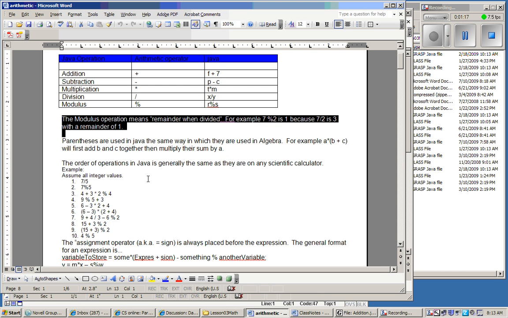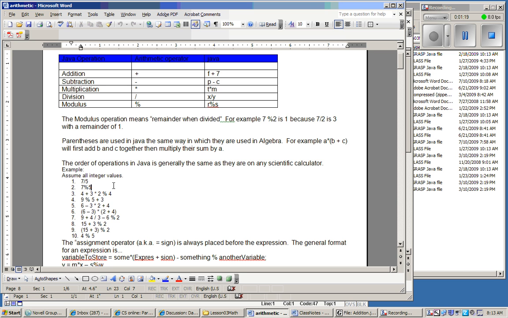And then also to keep in mind that the order of operations is generally the same as it would be on your scientific calculator. However, because as we learned in the last lesson, types are such a big deal in Java, how you type something is going to matter.